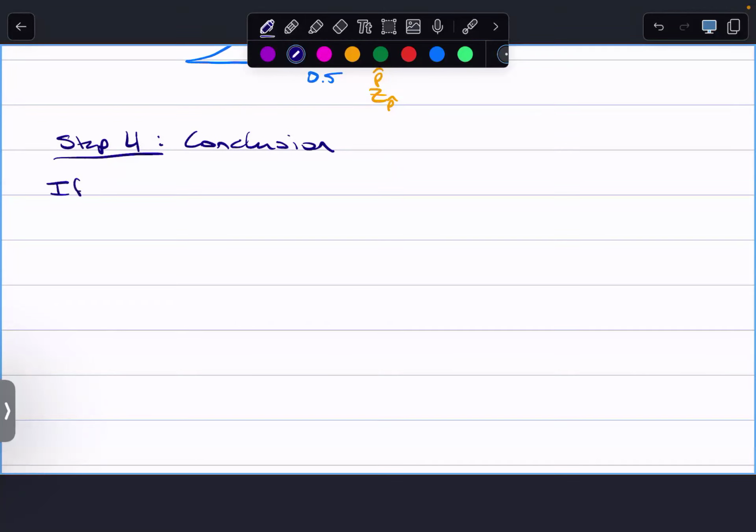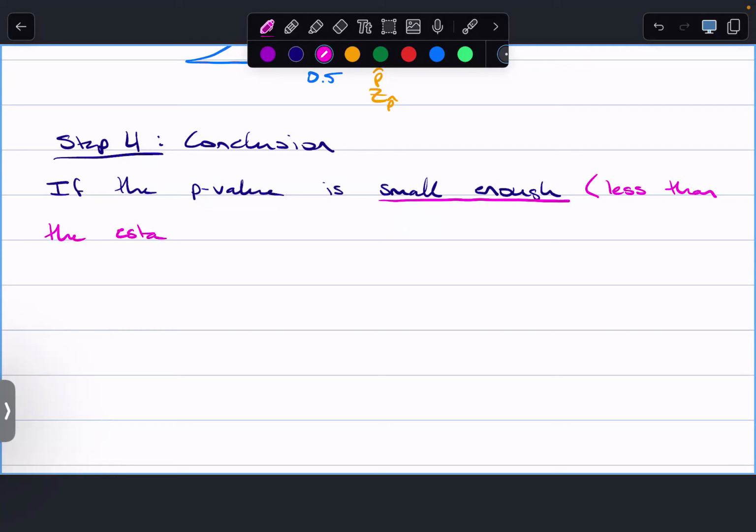Here, if the p-value is small enough, and I'm going to clarify, small enough means less than the established significance level. The significance level is also called the alpha level.